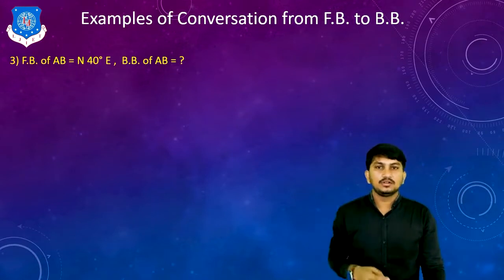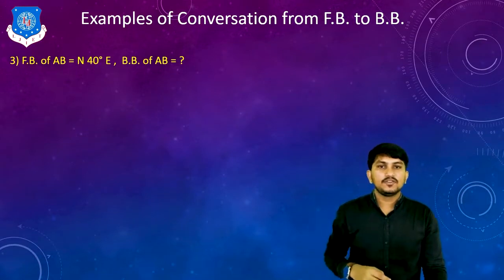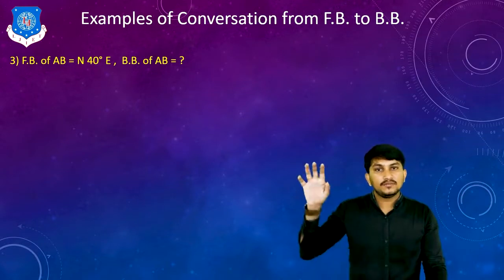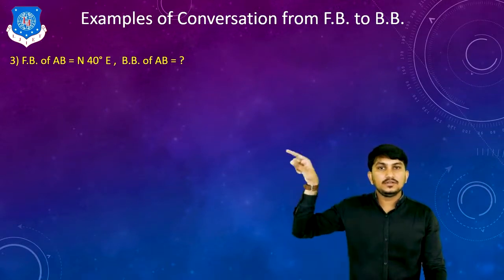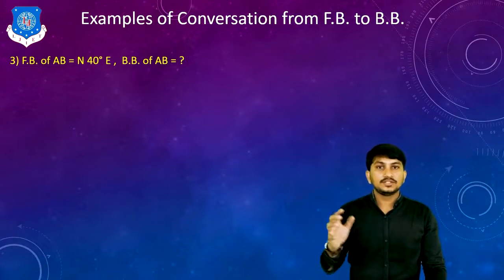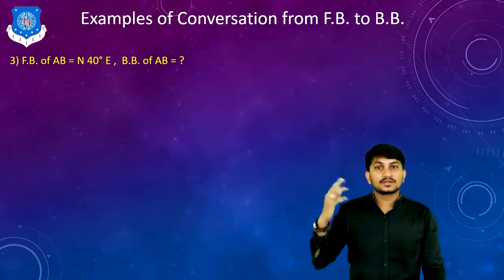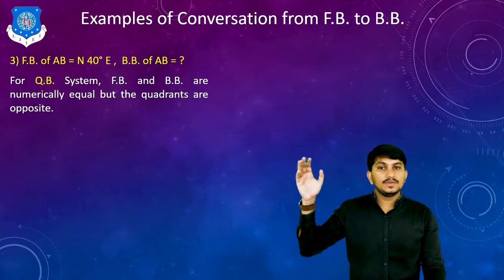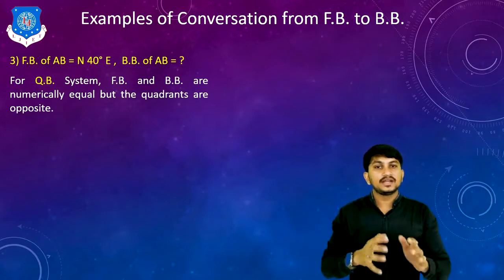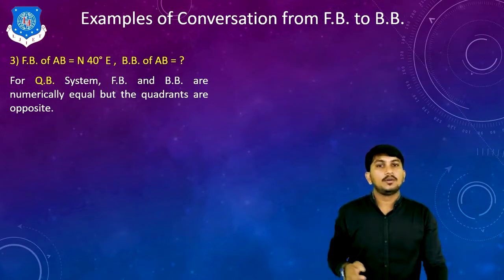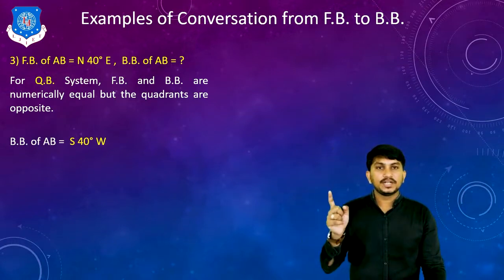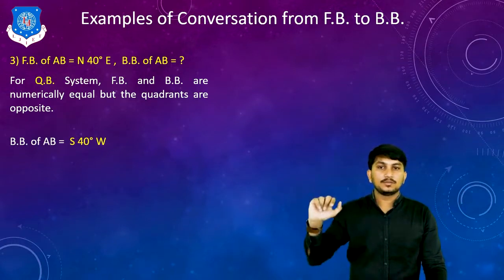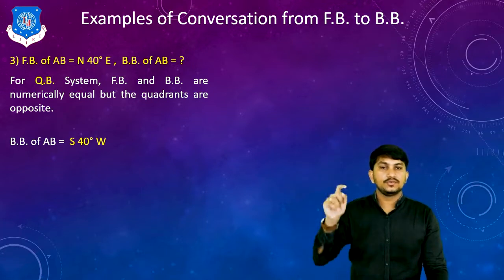The FB of AB is equal to north 40 degree east. What will be the BB of AB? Here the value of FB is in the QB system because the value is from 0 to 90 degree and has quadrants. So for the QB system, FB and BB are numerically equal, but quadrants are opposite. So BB of AB is the same 40 degree, but the quadrants are opposite, north to south, east to west.